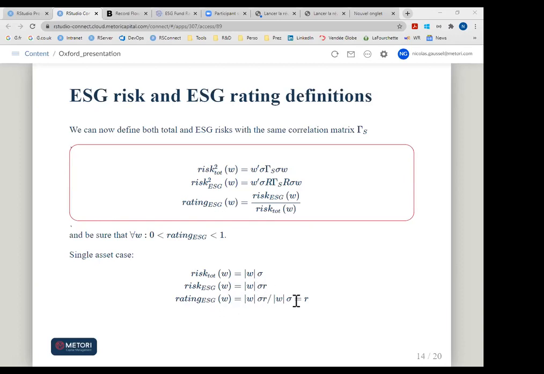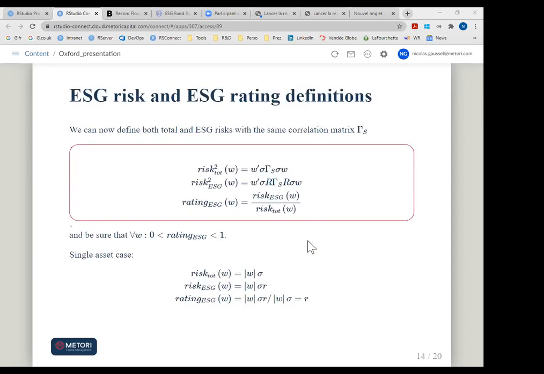And the ratio between both is the ESG rating, which relates to the discussion we had initially, Rama: the risk moves with the absolute value of the leverage, but the rating doesn't change. We have a specific issue when W equals 0, but it's not very meaningful. So you define the rating as the variance contribution of ESG risk. Exactly.